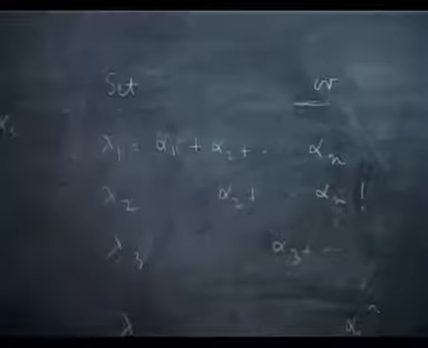Add them up, then the summation of lambda i is the summation of i alpha i, which is n. Then you get lambda 1 is larger than or equal to lambda 2 is larger than or equal to lambda n.